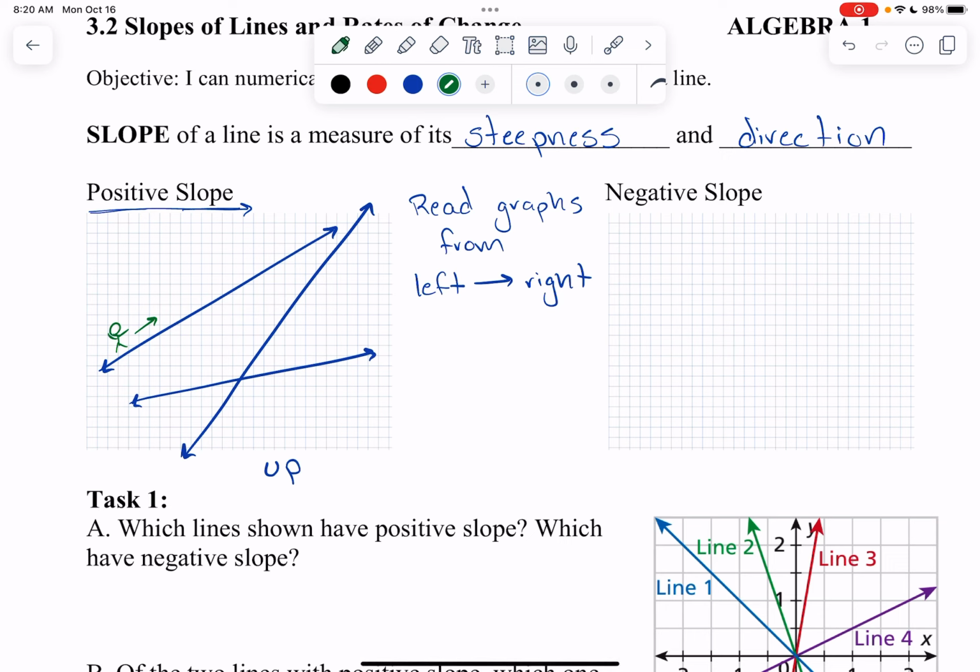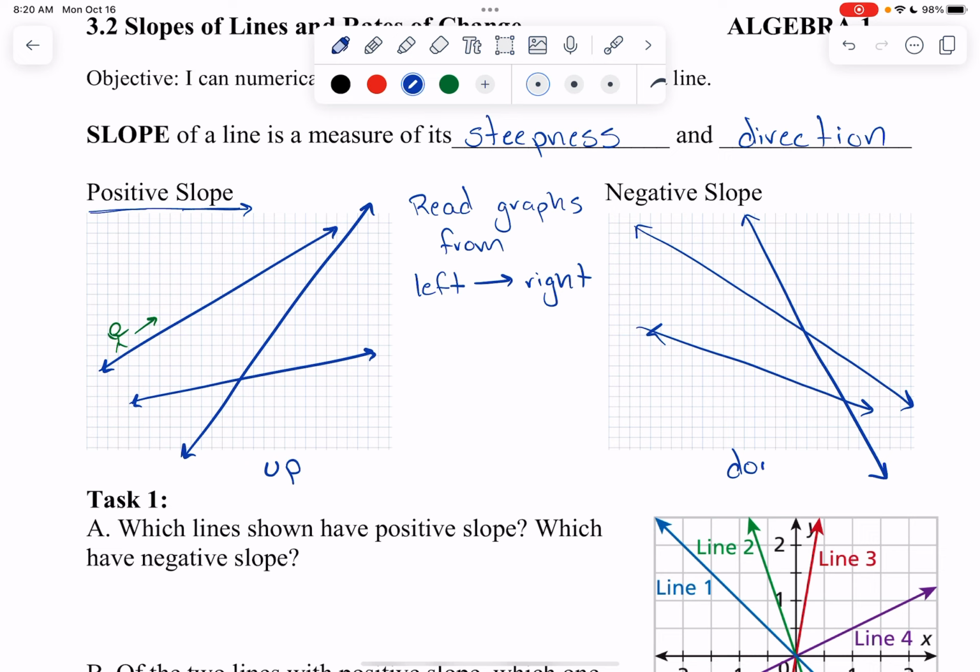He's walking up. So if a line has a positive slope, it goes up. Negative slope goes down from left to right. It could be really steep down, but negative slope goes down from left to right.